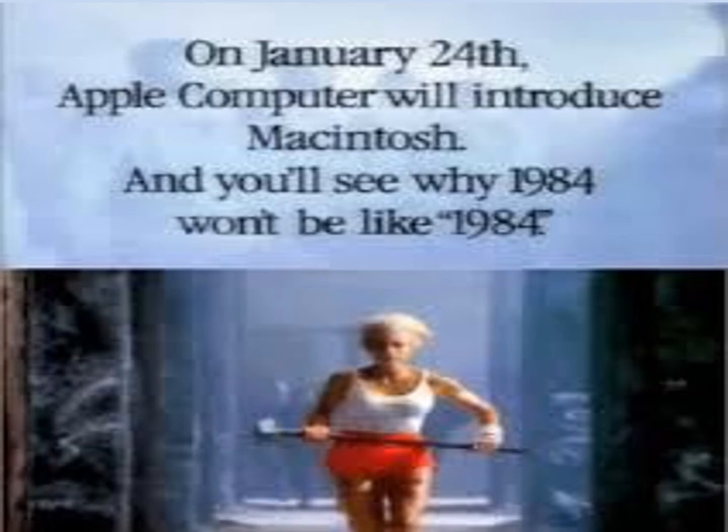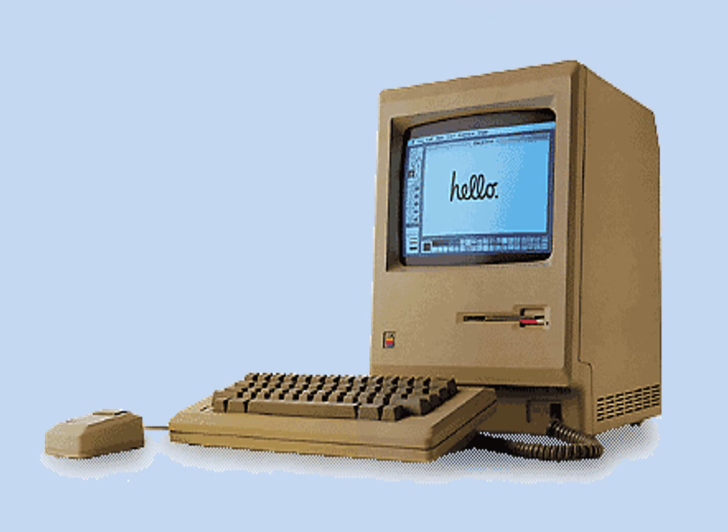This big commercial with somebody running, and it's based on the 1984 book, the dystopian novel, but they said when we launch this, you'll see why 1984 won't be like 1984. And it seemed to be a little bit over the top for a commercial about a computer, but in fact, right when the first Macintosh, as compared to the computers like Compaq and IBM on the market at the time, really was very, very different, and really, really well received.